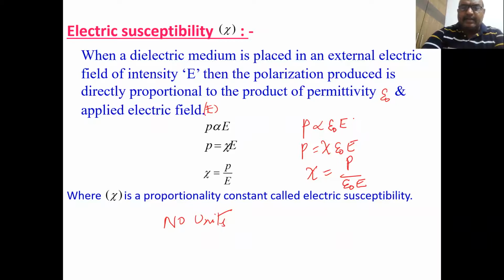Therefore, P is directly proportional to epsilon naught into E. The proportionality constant is the susceptibility chi, so chi into epsilon naught into E is equal to P. Therefore, the electrical susceptibility chi is equal to P by epsilon naught into E, where chi is a proportionality constant called the electrical susceptibility. It has no units. This is very important from the examination point of view.